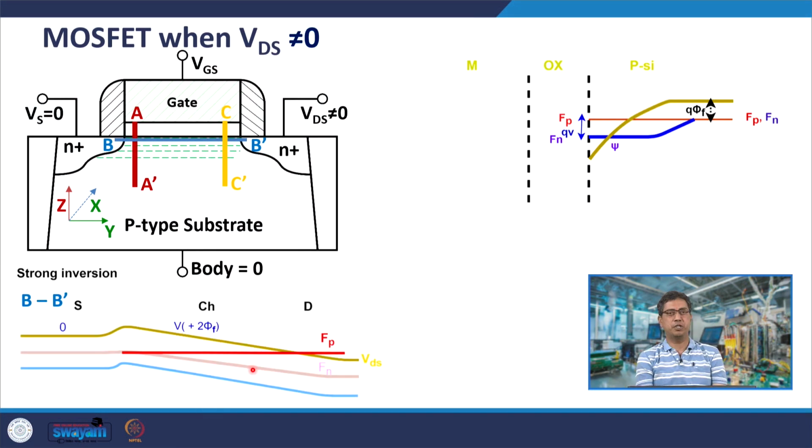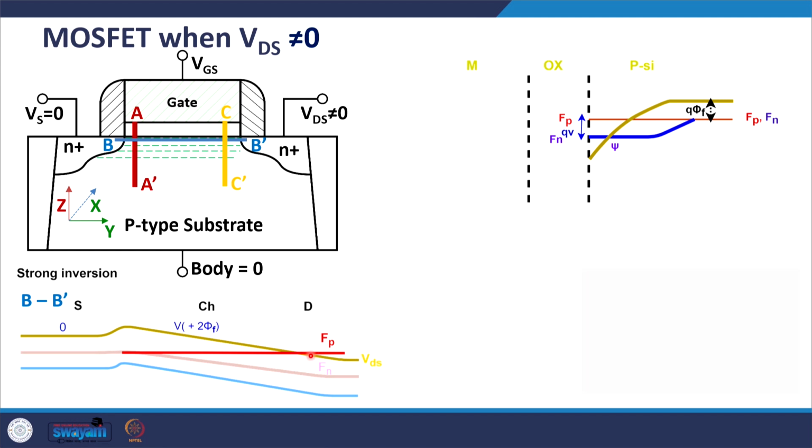Based on our discussion till now, if we look at the band diagram along the line B prime, which is very close to the silicon dioxide interface, you would find that it looks like this. So, Fp would remain constant, as we had discussed, all along the channel, because it is aligned with the bulk hole quasi-Fermi level, and therefore it would remain constant and horizontal all along from B prime to B. But what about Fn?